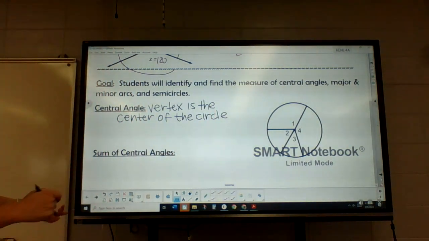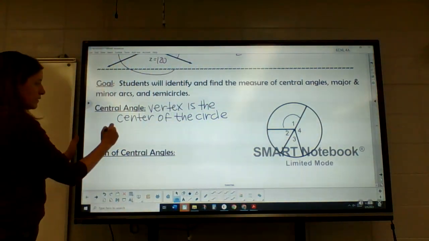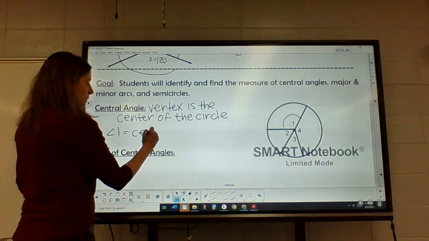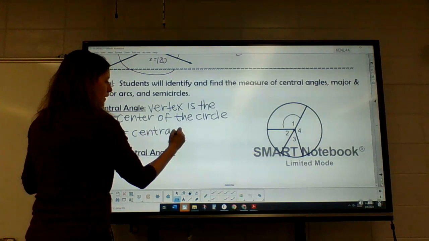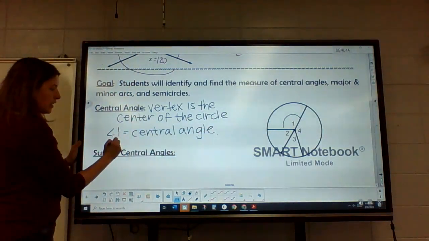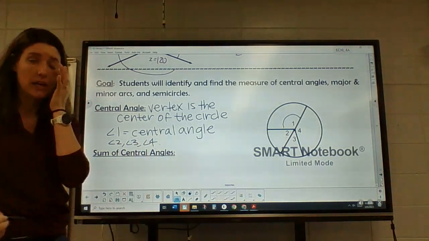So, for instance, angle 1 would be what we call a central angle. But so are angles 2, 3, and 4. So angles 2, 3, and 4 are also all central angles.